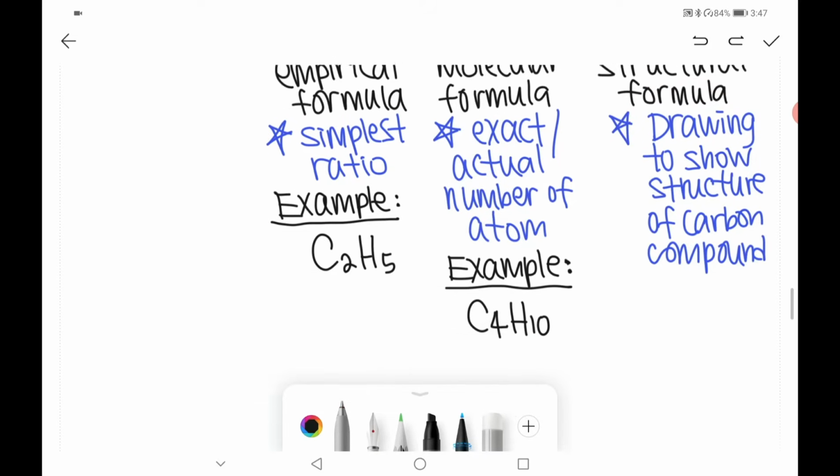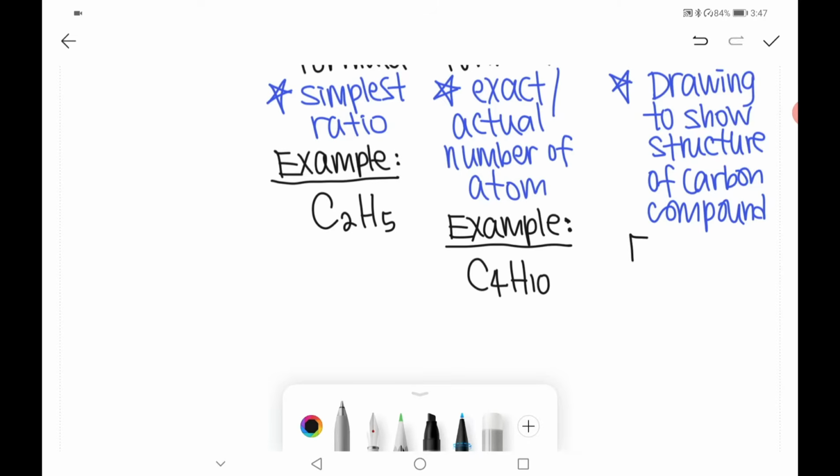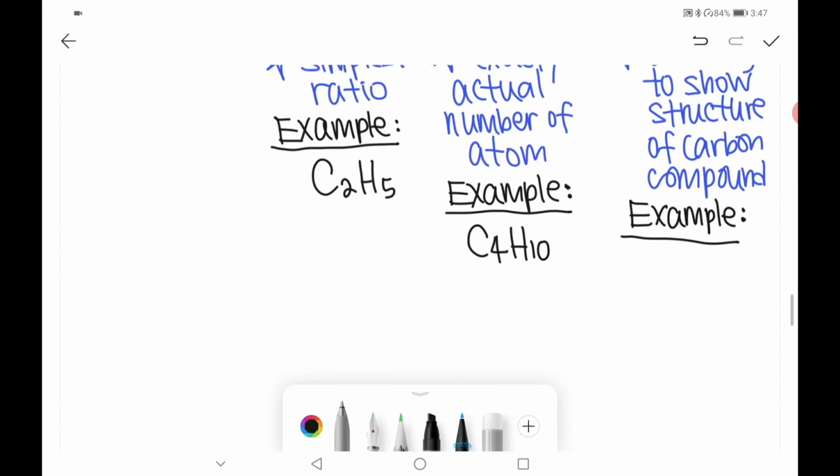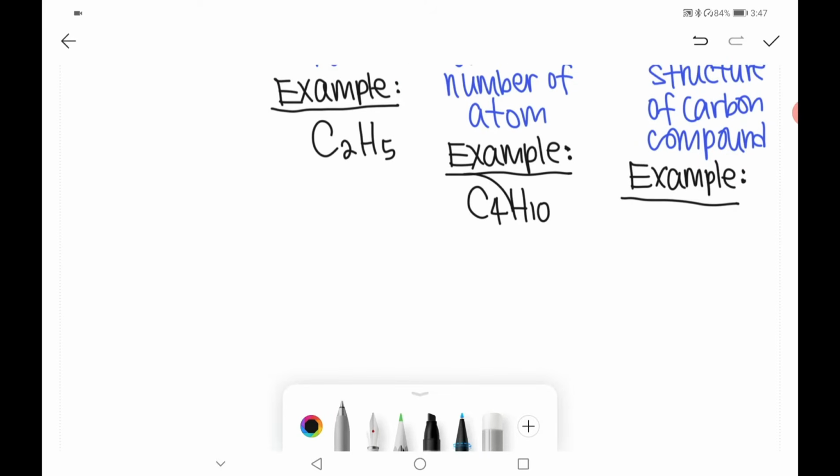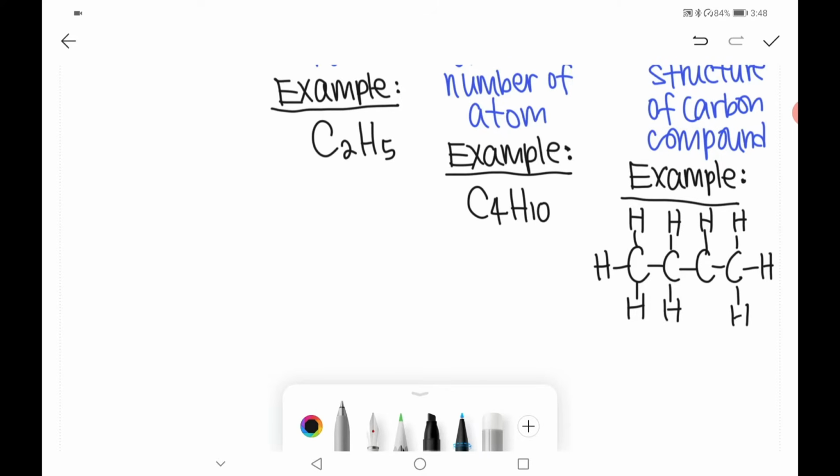I'll show you the drawing first, then in a short while I'll teach you how to draw it. So 4 carbon can be 1, 2, 3, 4 carbon, and 10 hydrogen can be 1, 2, 3, 4, 5, 6, 7, 8, 9, 10.